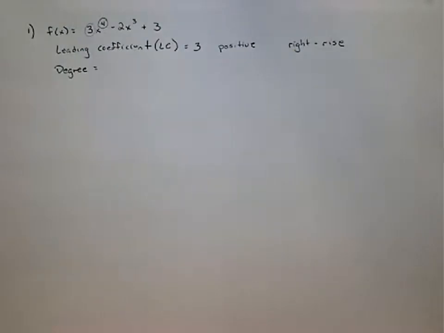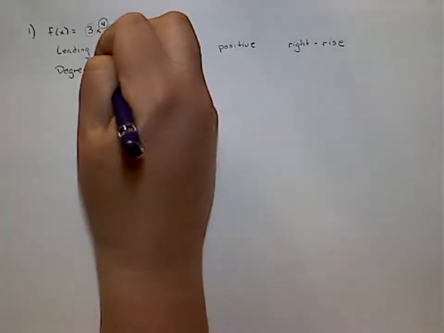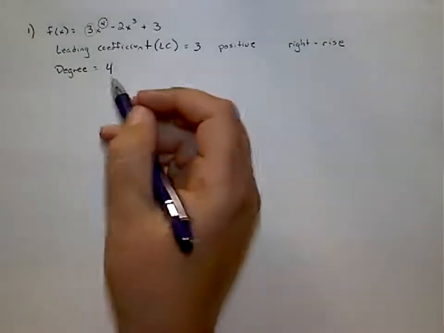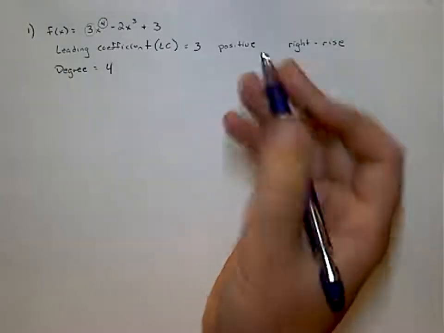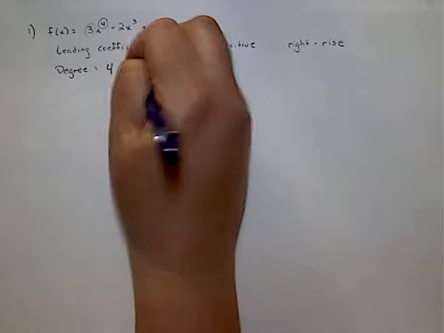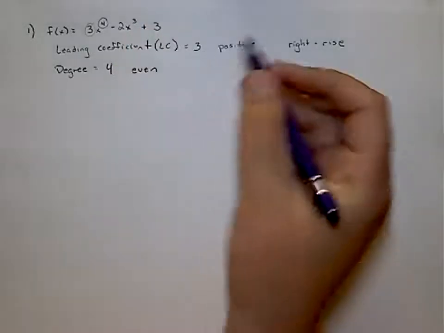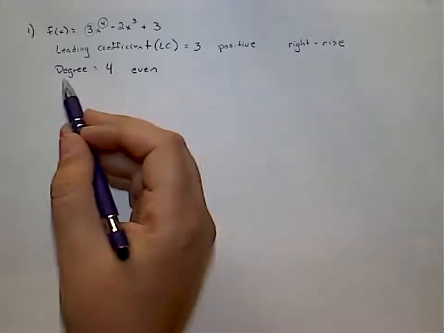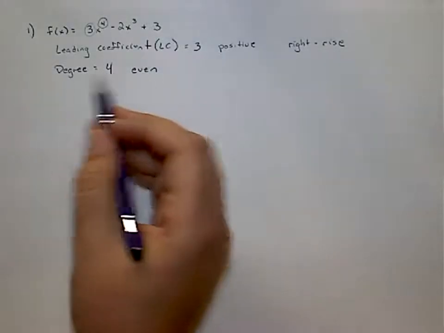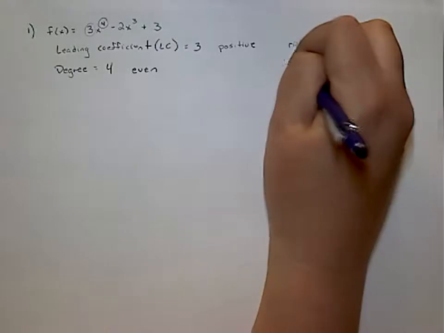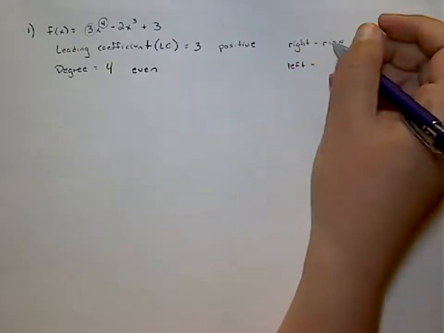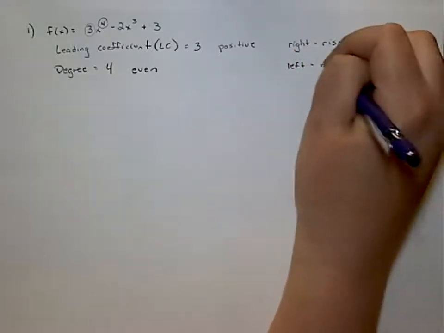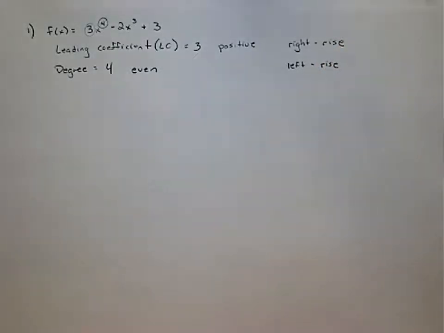That's that highest exponent. Now the only thing that matters about that 4 when you have a leading term test is that it is even. So we have a positive leading coefficient, so the right side rises, and we have an even degree, so the left side is going to do the same thing as the right, so they're both going to rise.